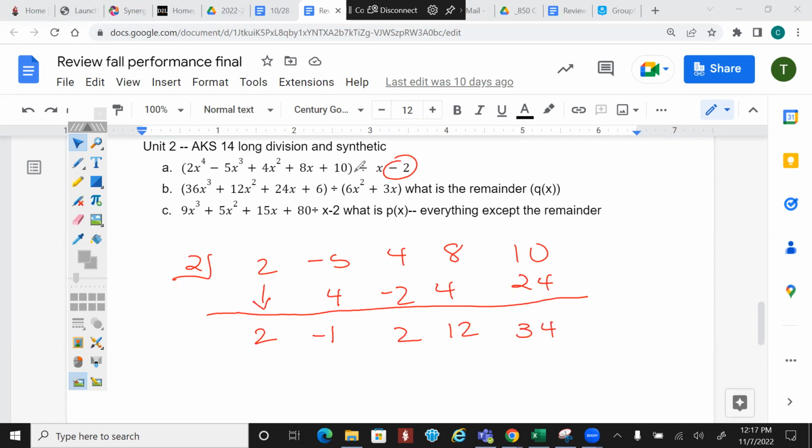Now it asks basically what is the polynomial after the fact. So we're going to drop it down one exponent, and that's going to give us 2x to the 3rd minus 1x squared plus 2x plus 12, plus this guy's always going to be a remainder, whatever's on the right-hand side. So we're going to divide it by whatever we're dividing by up here.